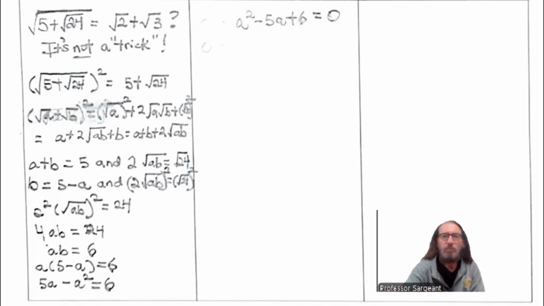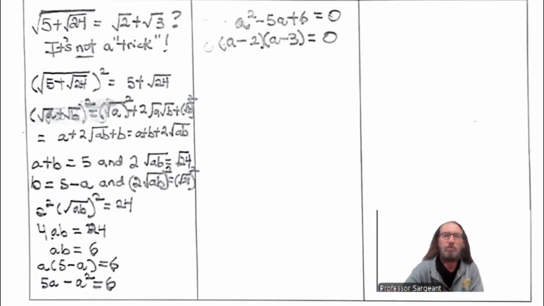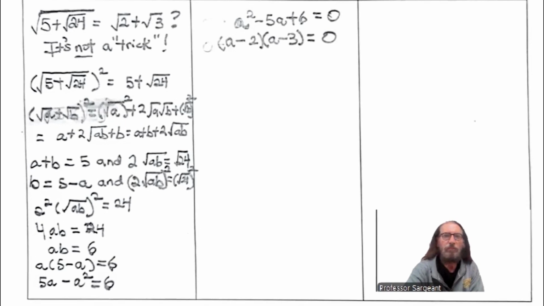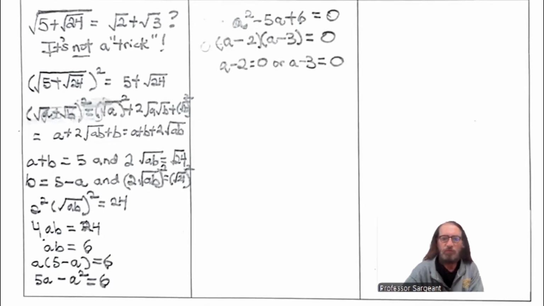Negative 2 times negative 3 is equal to positive 6, and negative 2 plus negative 3 is equal to negative 5. Since we have a coefficient of 1 in front of a squared, that gives us our factorization of the quadratic. So apply the zero factor property, set each factor equal to 0. Now we have two linear equations and solve for a.